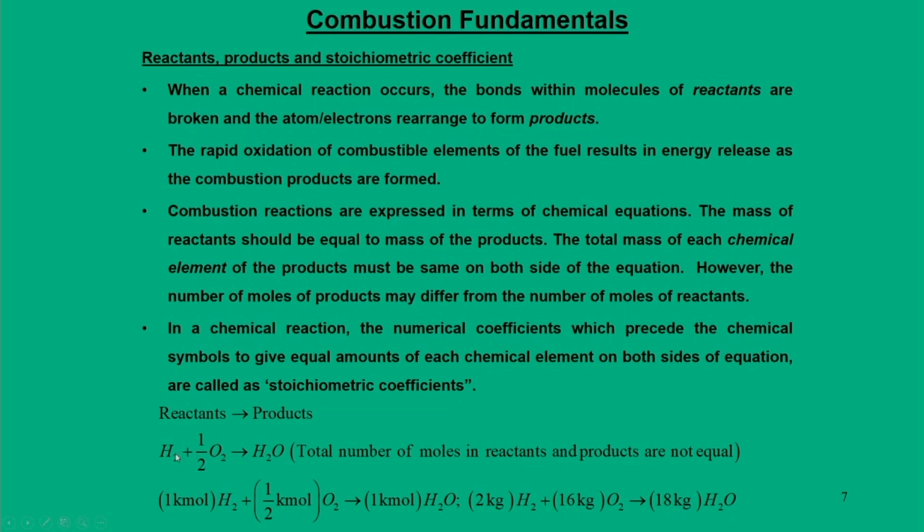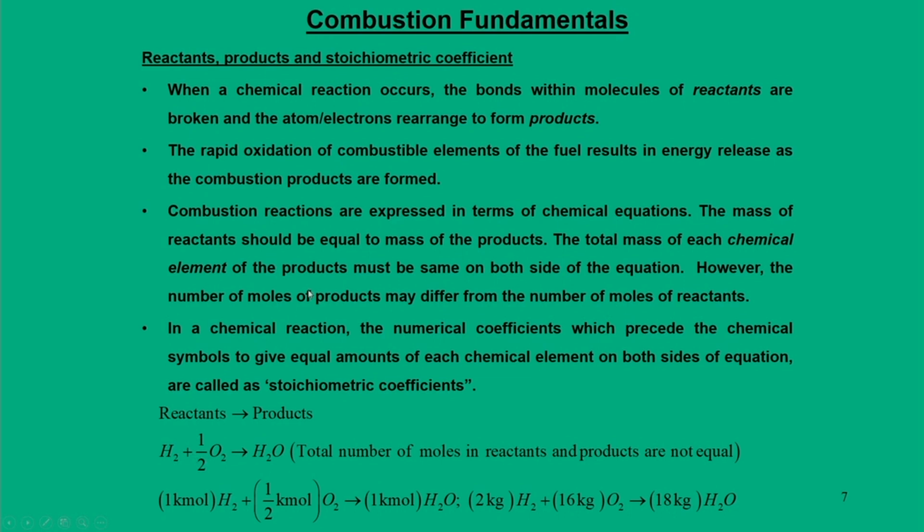The reactants consist of hydrogen and oxygen, and the product is water. So we have the definition of what reactants and products are. When you write these in equation form, we call it a chemical equation.